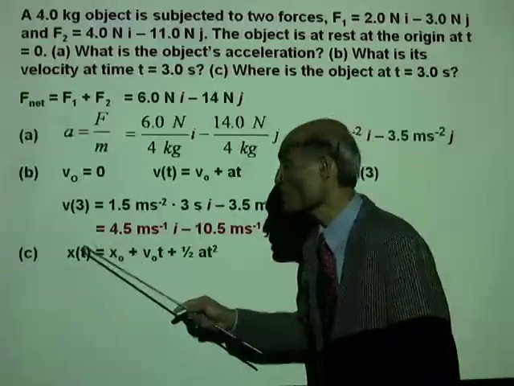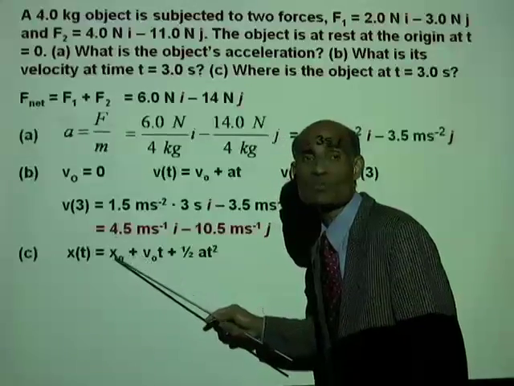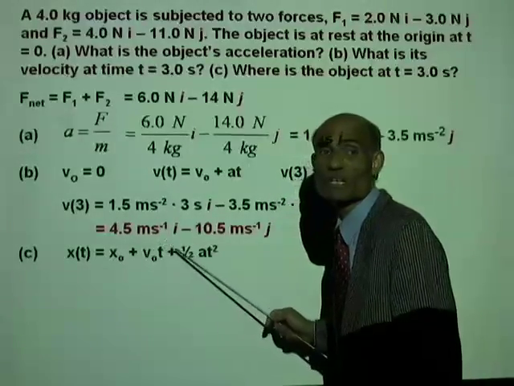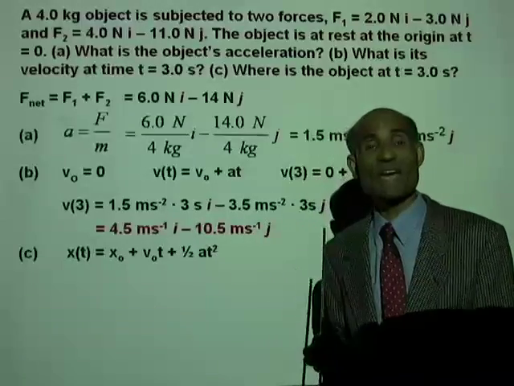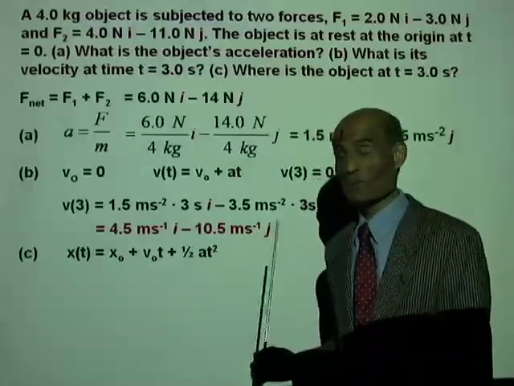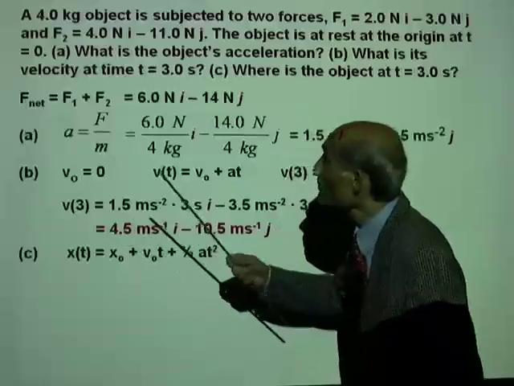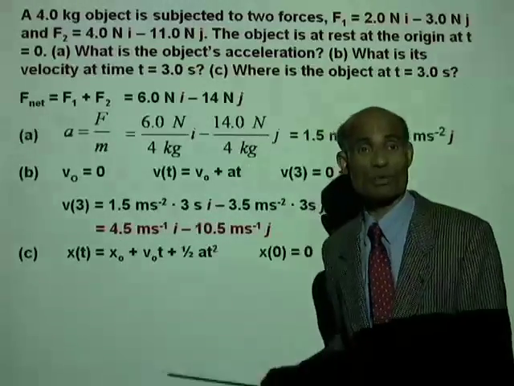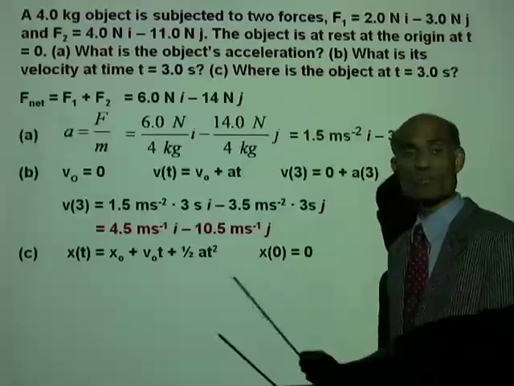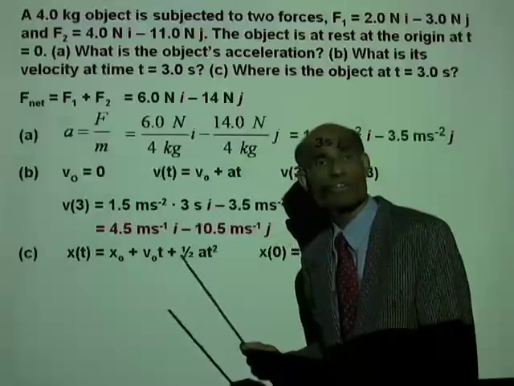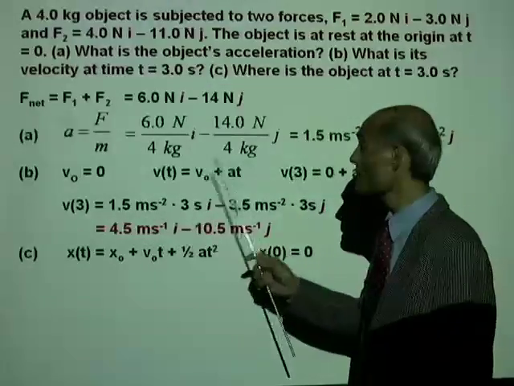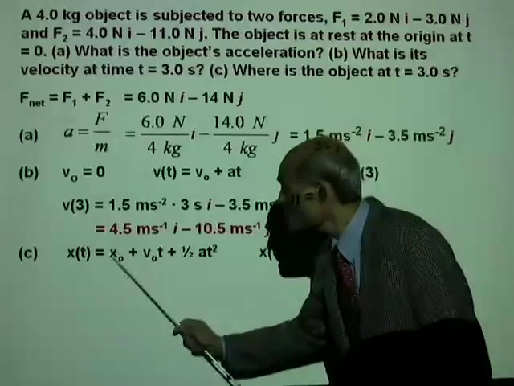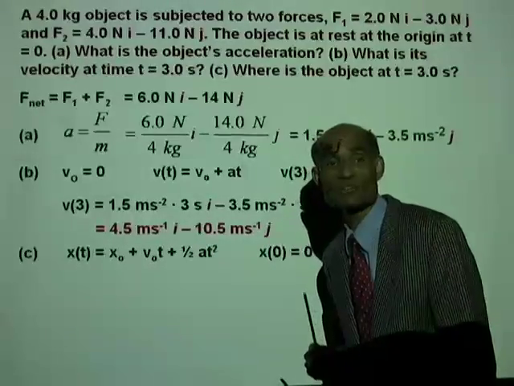And look at this equation. x of t equal to x0 plus v0t plus 1/2 at squared, where x0 is 0. We will assume that the object is at the origin. So x0 is 0. What is v0, the initial velocity? It is 0. Yes. So these two terms will simply cancel.